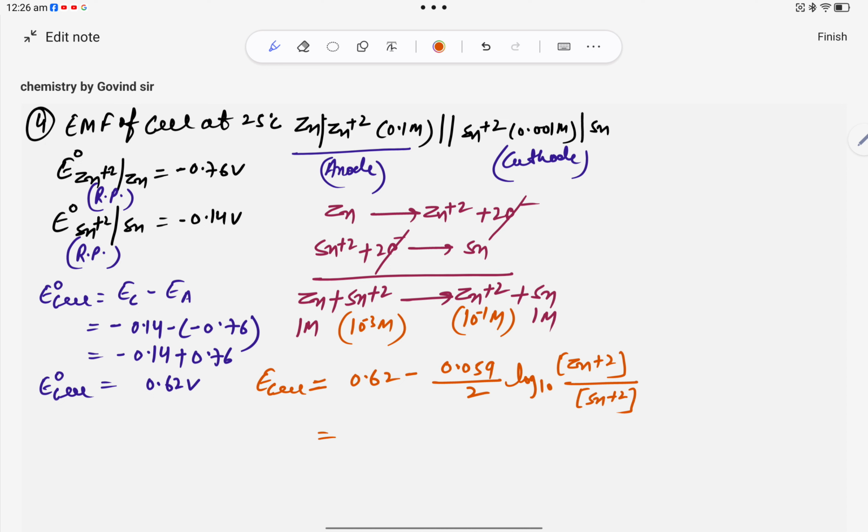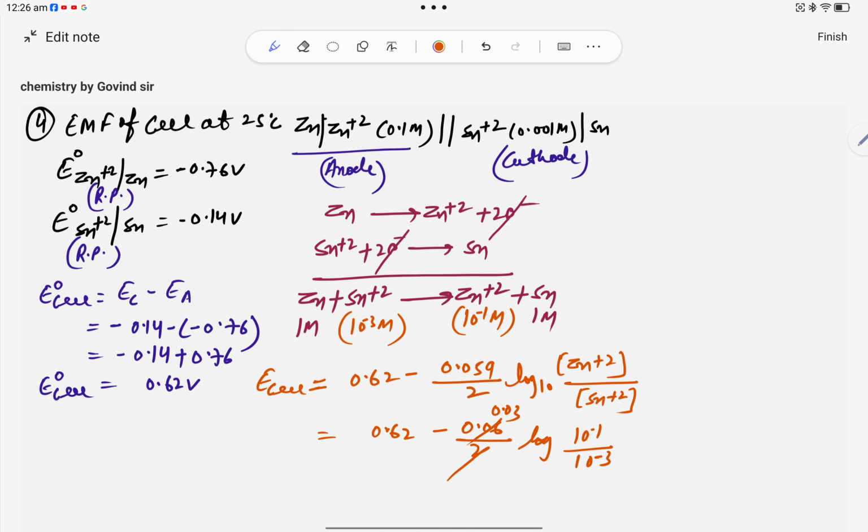Okay, so it will be 0.06 here, I make it 0.06. Why? For calculation point of view. So here 0.03 log of 10 to the power minus 1 upon 10 to the power minus 3. So overall 10 to the power 2.